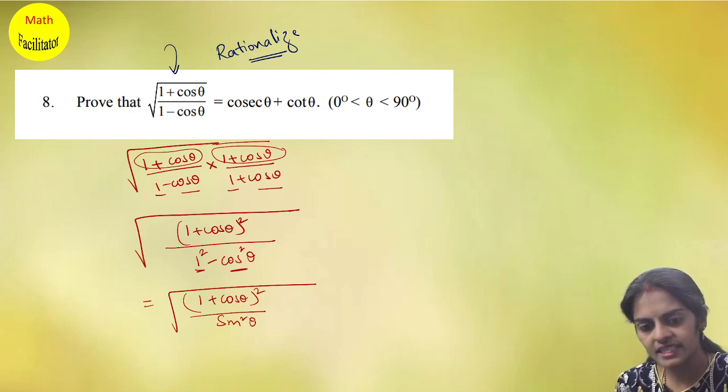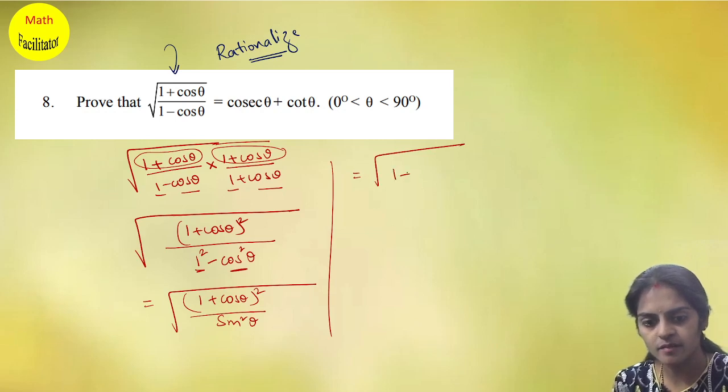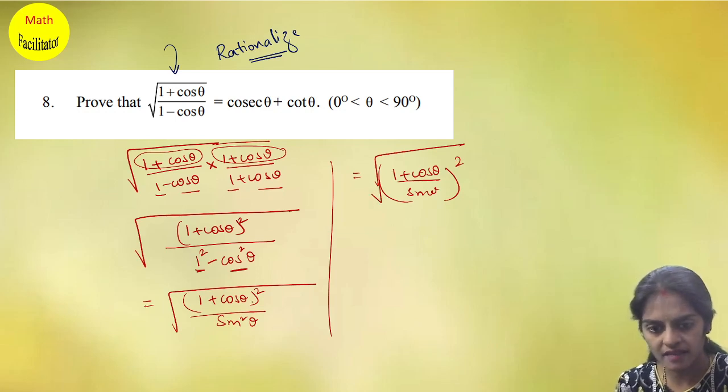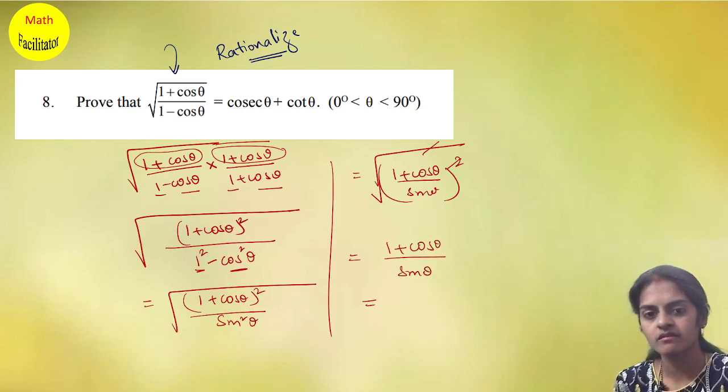which is sin square theta. Now you see the numerator and denominator both have squares, so I can simply write this as (1 plus cos theta) by sin theta, whole square. Now square and square root get cancelled. So finally I have (1 plus cos theta) by sin theta. Our aim was to remove the square root by rationalizing, so it got cancelled.